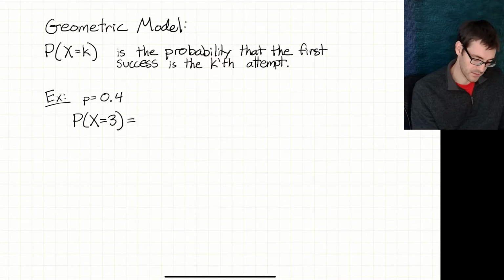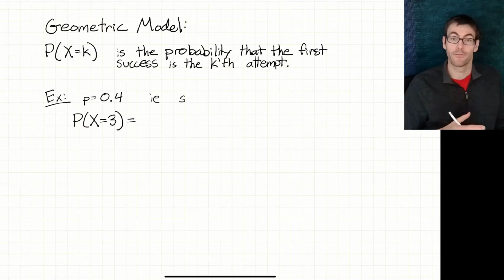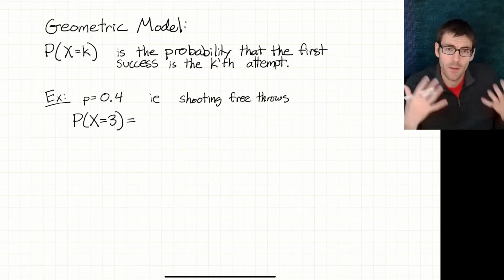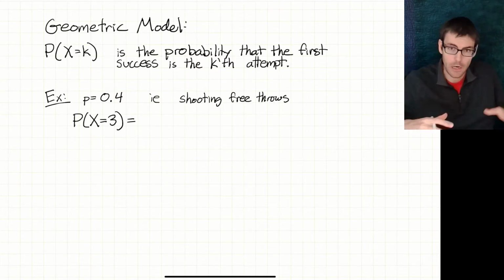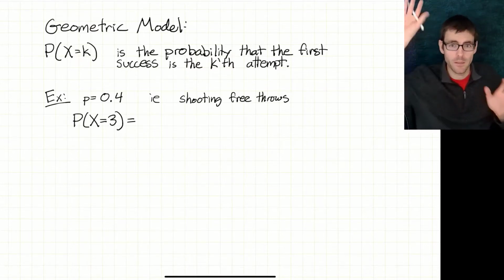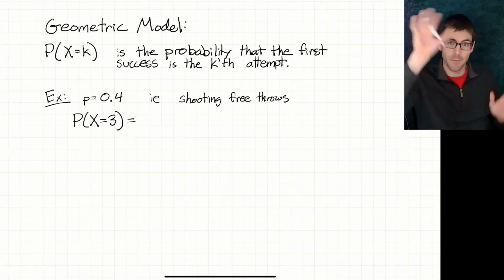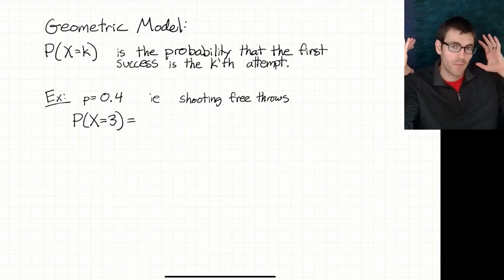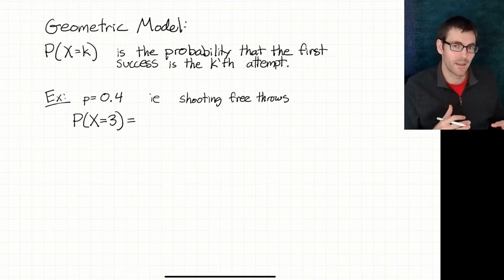Let's say this is shooting a free throw, and my free throw shooting percentage is 40%. So the scenario is where I go to the line and I miss, and then I shoot again and I miss, and then I shoot again and I make it. So we're asking, what's the probability of exactly this thing occurring?